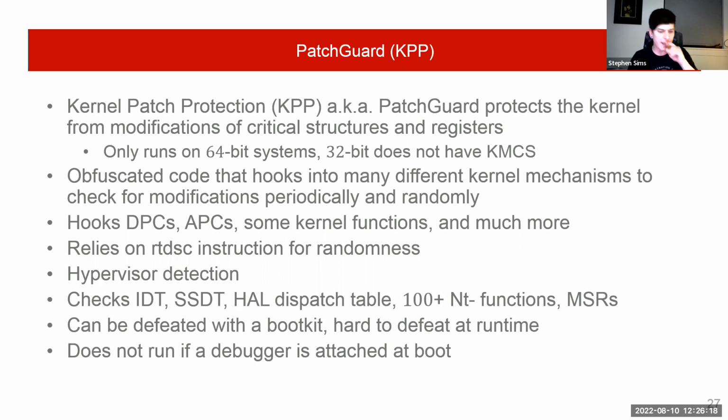Basically indirection. With malware like rootkits and attacker exploits, it's very common for us to overwrite pointers in memory that are relied upon. Let me give you an example. Let's say an application wants to allocate memory.